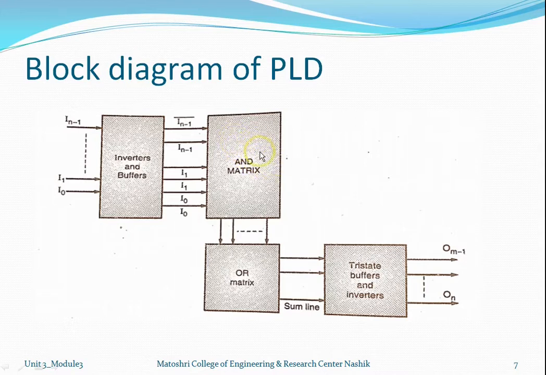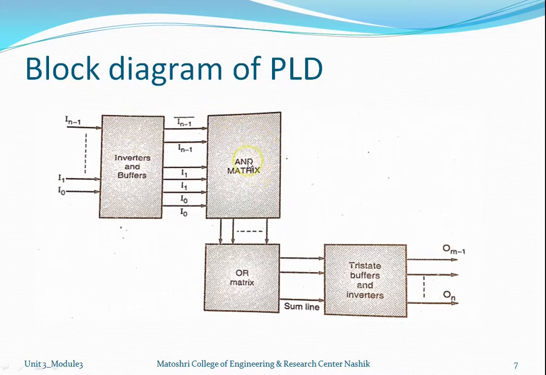This AND matrix block accepts both types of literals and generates the desired product terms for the minimum SOP and all the minterms for the canonical SOP. It may or may not be programmable, depending upon the type of PLD.